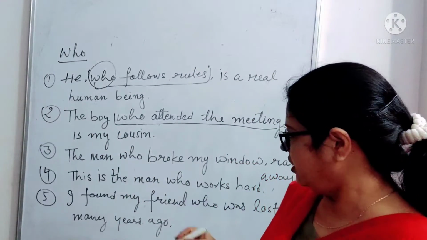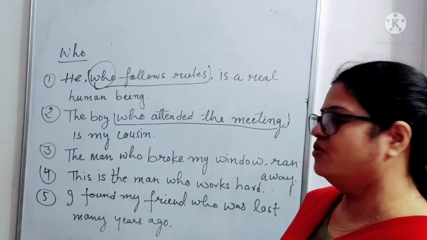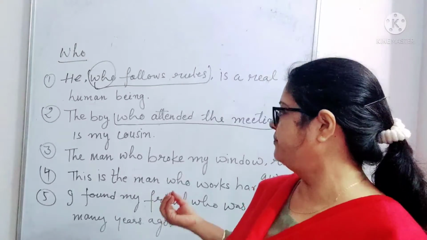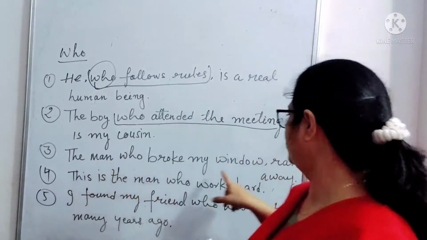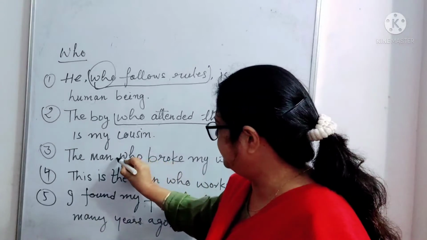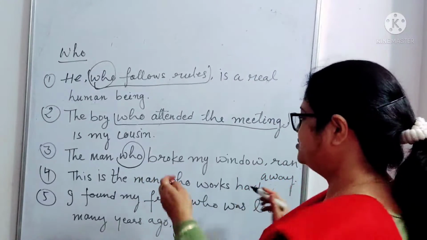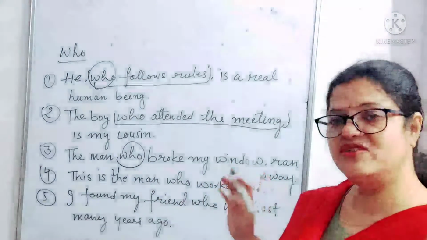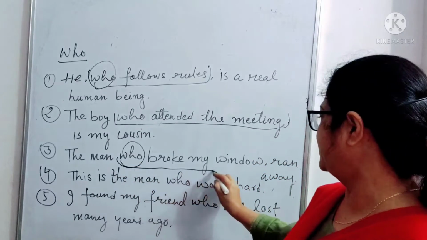Now number 3: the man who broke my window ran away. So we are reading about relative pronouns. The principal clause is "the man ran away." This relative pronoun has just come after "man," and it is making this relative clause, or subordinating adjective clause.